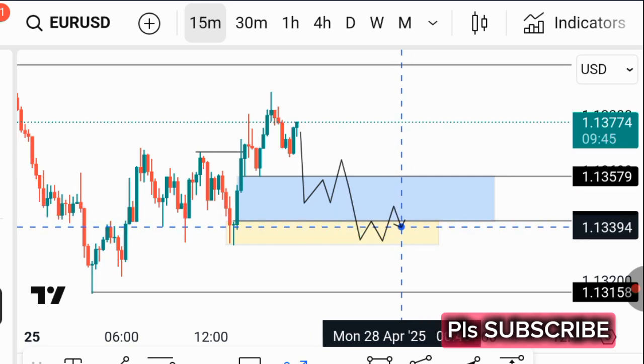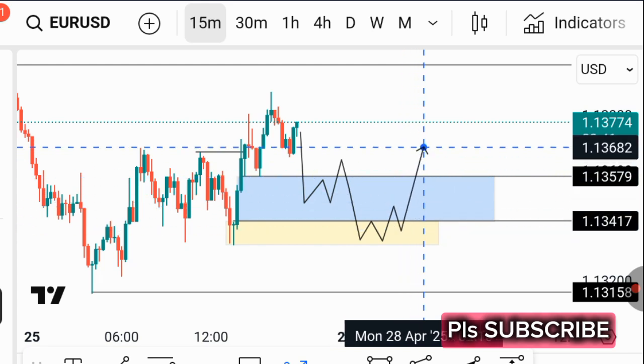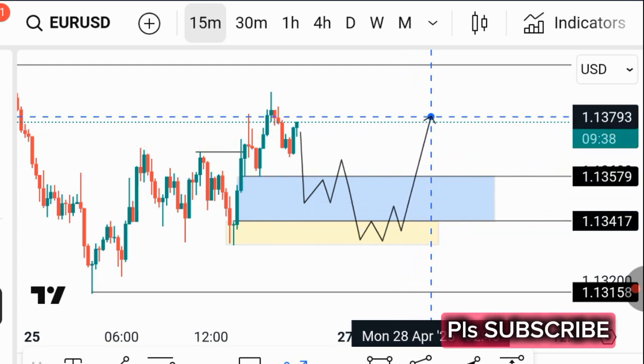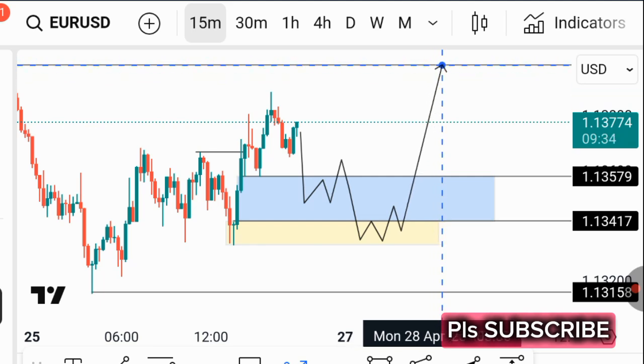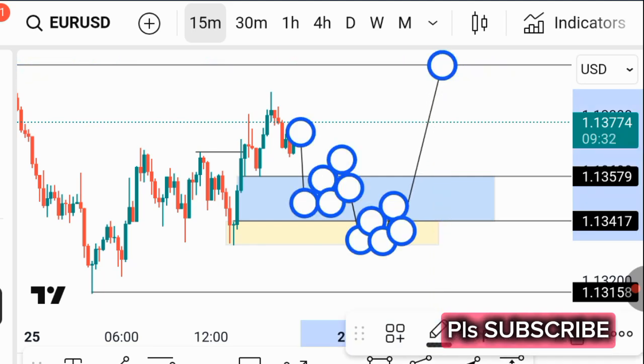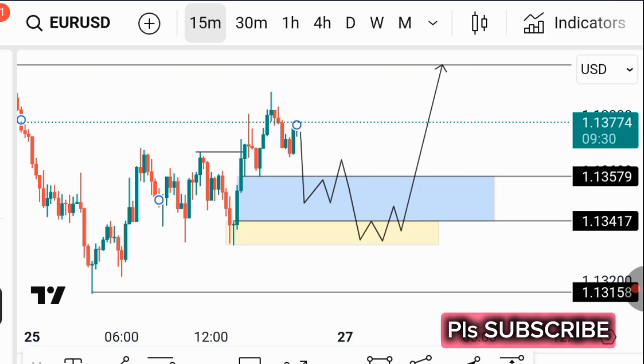You will see it on a lower time frame, like the 5 minutes or the 1 minute time frame, because we're currently on 15 minutes. And then this is what is likely to happen to the upside right here. I hope it is well explained.